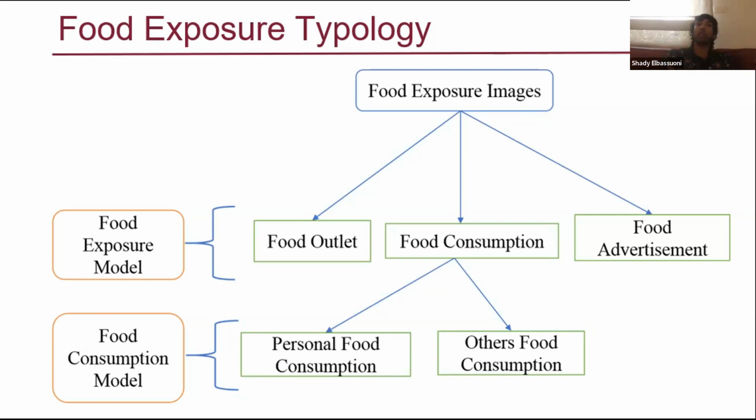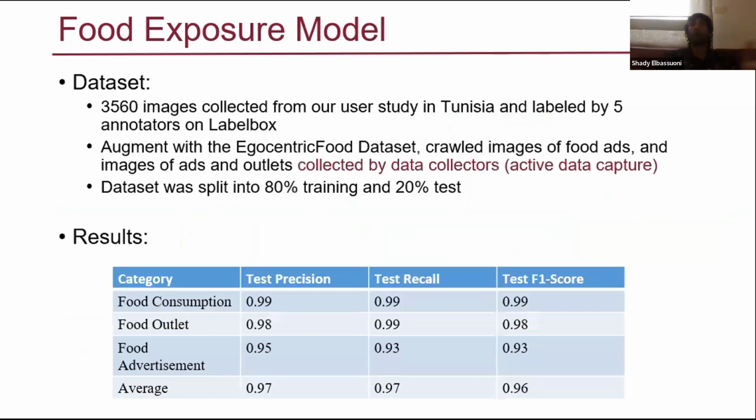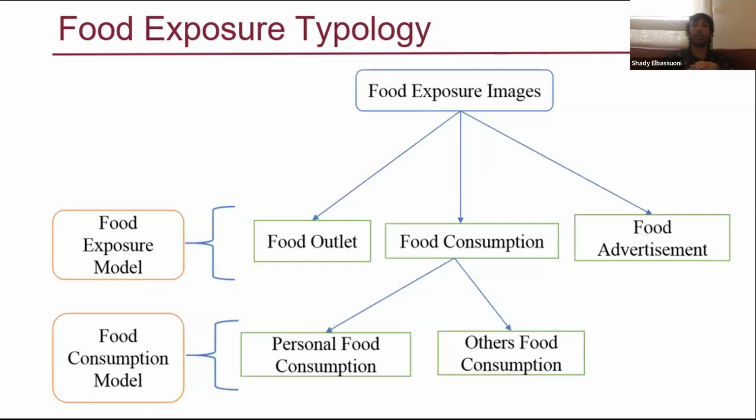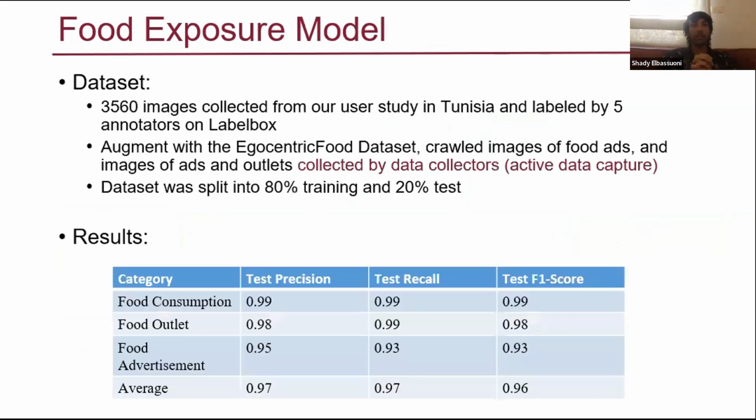So, differentiate between the images that have food outlets, the ones that have food advertisements, and the ones that have food consumption, meaning that the child wearing the camera is eating something in that image or is exposed to other people eating something in an image. And of course, all of these could overlap; an image could have an outlet and an advertisement at the same time. Next, please.